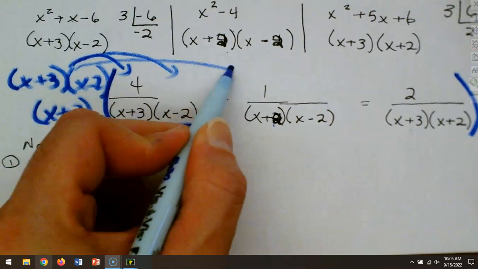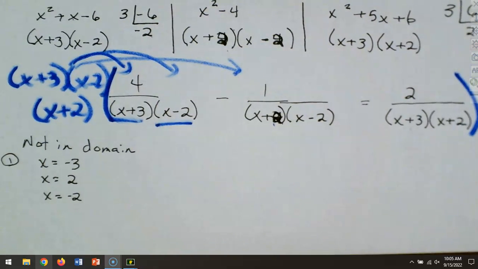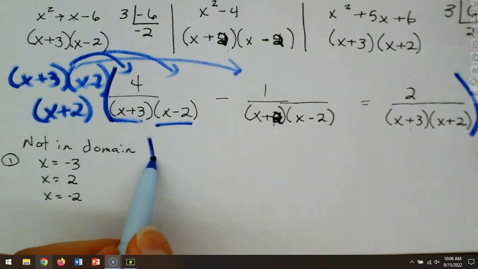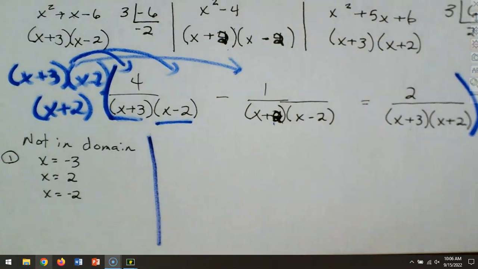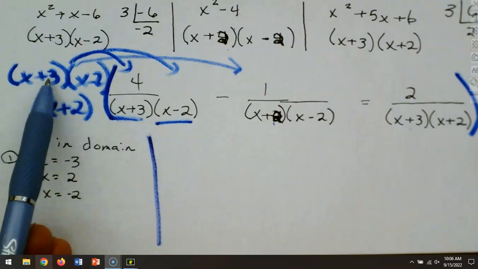And now you distribute through. We're going to see what we've got left, and things are going to cancel. We're going to write it out, get to our equation, and solve it. This one will be linear, which is why it's easier than some of the others.